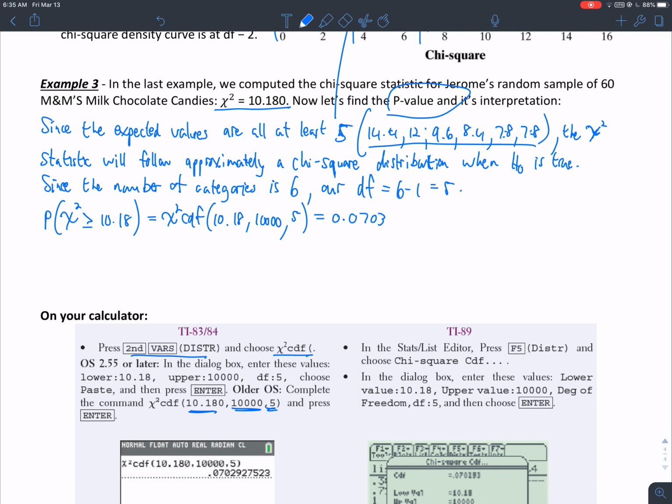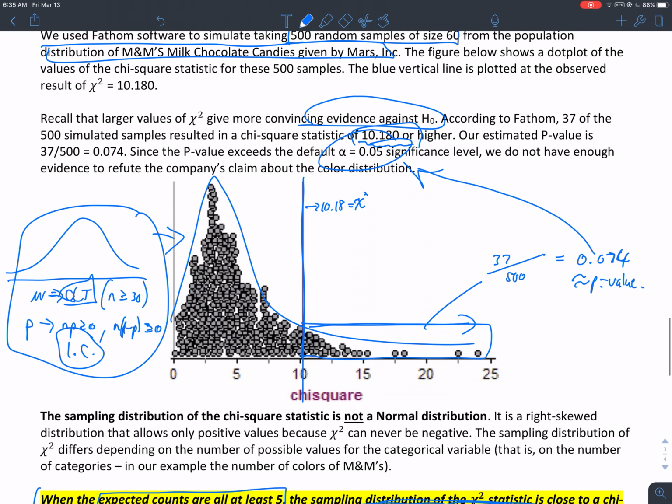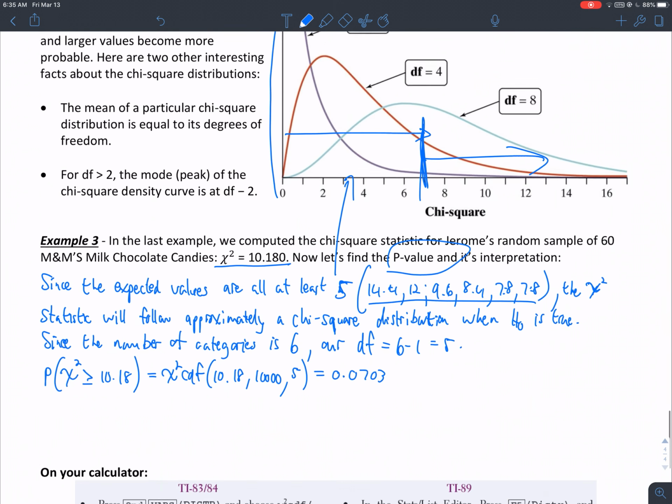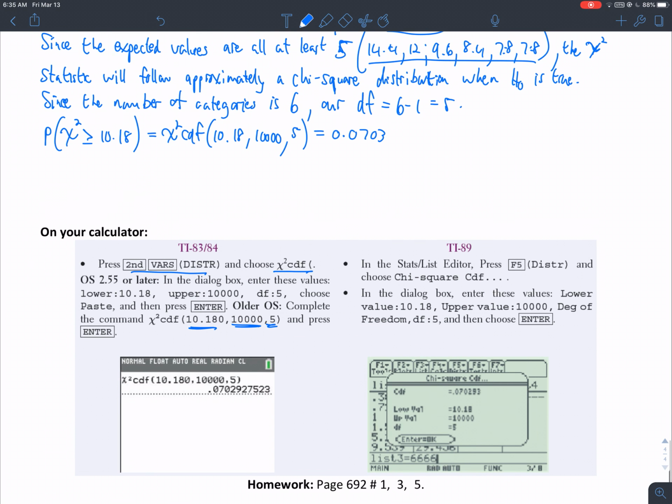Now that's interesting. From our approximate sampling distribution, from our simulation, we got 0.074, and here we got 0.073. Interesting. It just gives more power to the idea of using simulation to approximate p-values and approximate the real world.